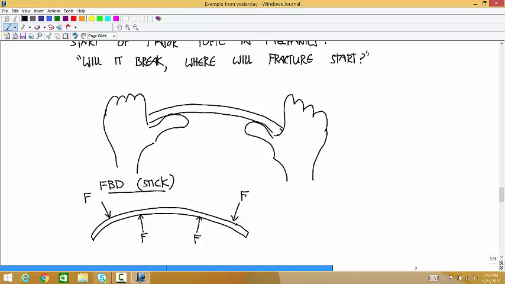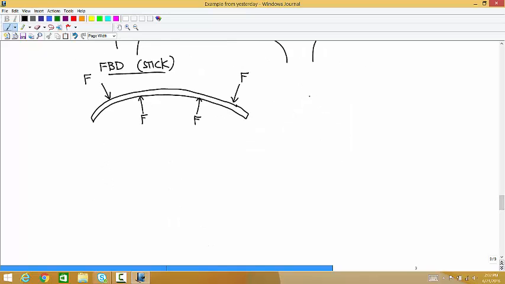But you know from experience that, so this free body diagram shows the external loads. But that's not very helpful in telling you where this thing is going to start to break. You know from experience that the break is going to happen somewhere between the two thumbs, right? So what's going on there? There's no external loads acting at the place where that break is going to happen.